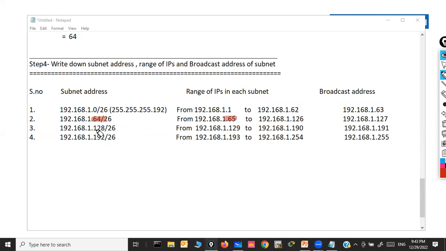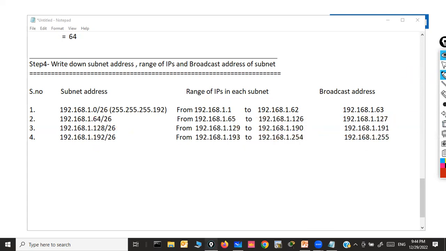Look at this: the last digit 128 is the start of the next subnet, so the last is 127, but that address is reserved, so I used 126. Similarly, 129, and here 192 means 191 is the broadcast, so 190 is the valid last one. Then again I started with 193, and we all know the maximum value is 255, which is again the last address, so 254.